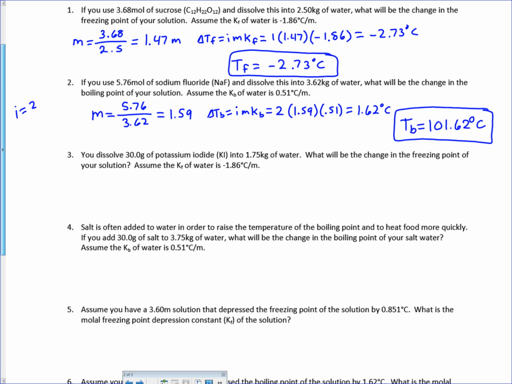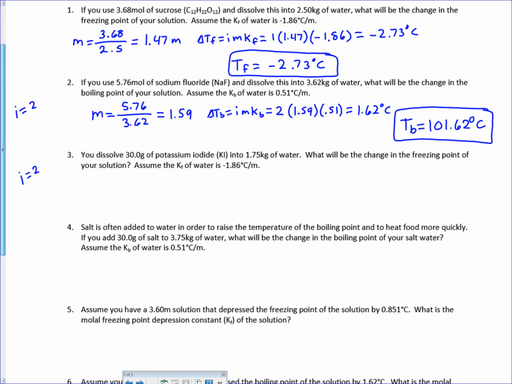Number 3 here, we've got potassium iodide. Potassium iodide is ionic. So our I here is going to split into 1 potassium and 1 iodide. So our I is 2. We've got 30 grams here it's given us. We've got to convert that to moles right away.